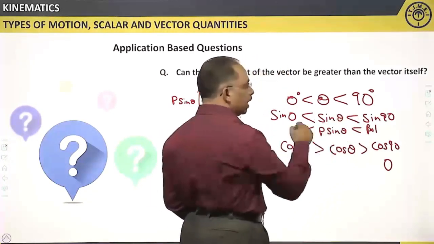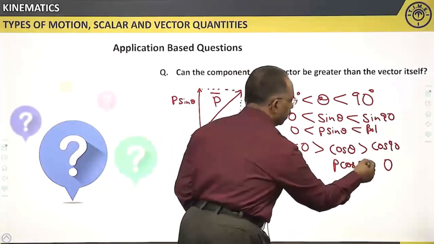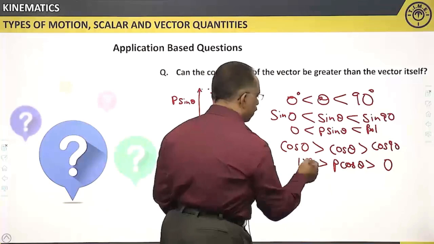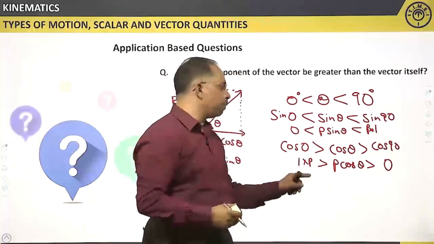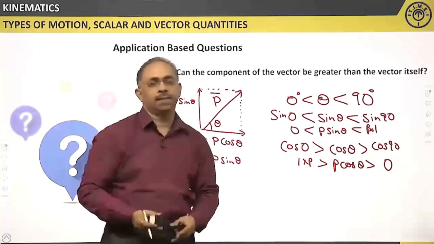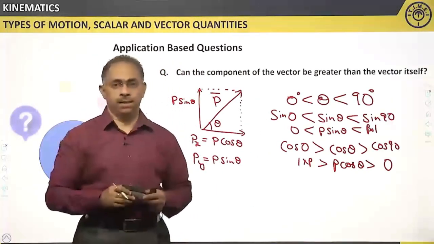So p sin theta is less than p. Here if I say p cos theta, it is greater than 0, but it is less than 1 into p. So, p cos theta is less than p, and p sin theta is also less than p. So, the components of a vector can never be greater than the vector itself.